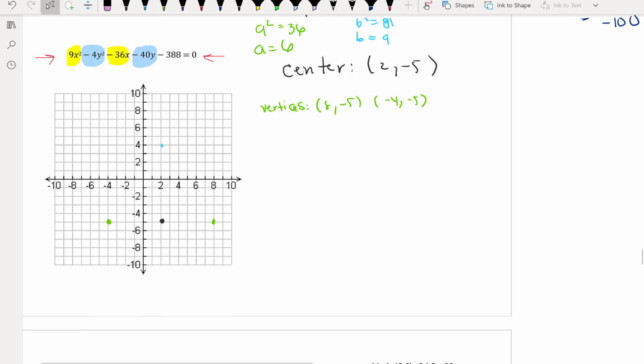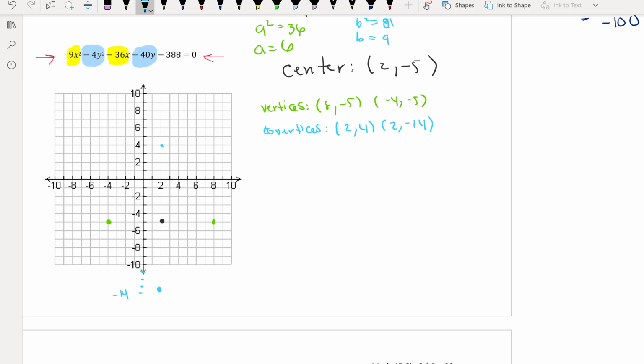And from the center, I'm going to go down 9. 1, 2, 3, 4, 5, 6, 7, 8, 9. So 11, 12, 13, 14. So now I know that my co-vertices are going to be at 2, 4, and at 2, negative 14.